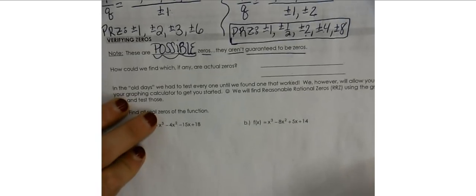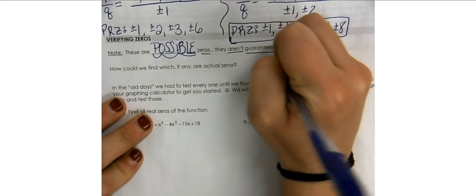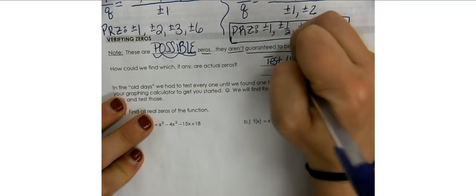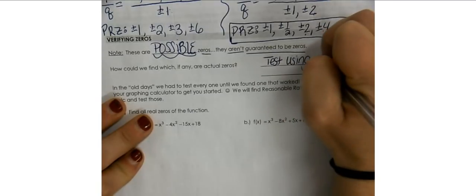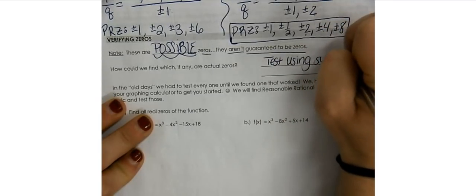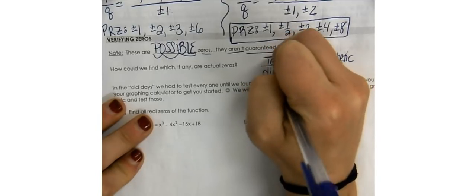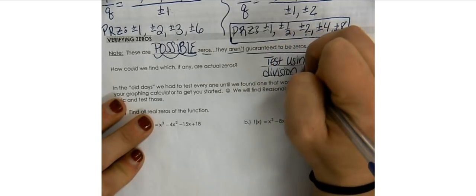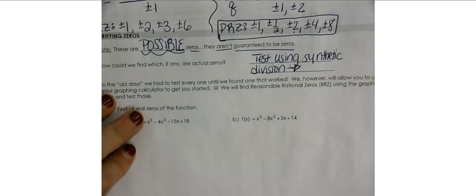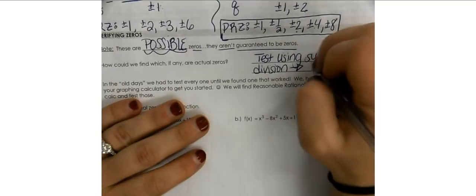So how could we find which, if any, are actual zeros? Well, you would have to test every single one using synthetic division until you found one that actually works. So you would do synthetic division over and over and over again until you finally got a remainder of 0.